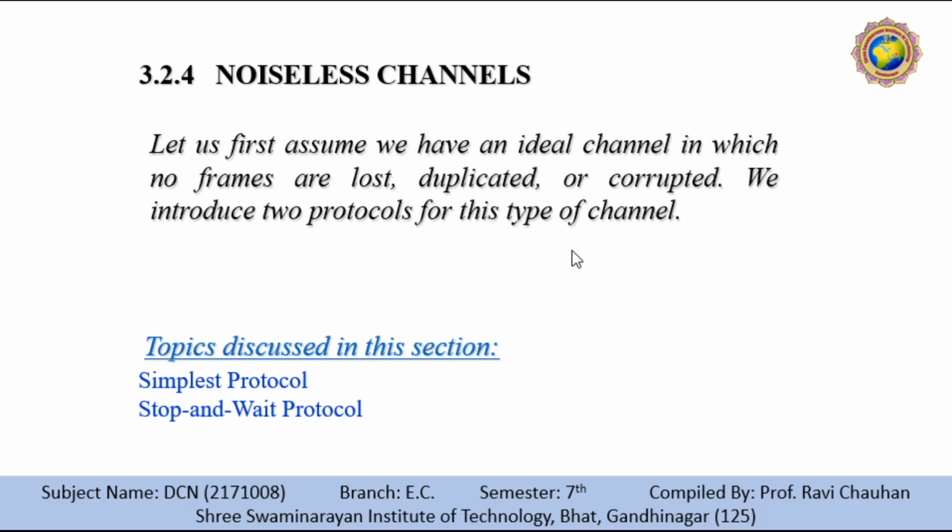Of course, neither has error control because we have assumed that the channel is a perfect noiseless channel, so there is no noise present over here. In this section, the following topics will be discussed: the simplest protocol and the stop and wait protocol as our noiseless channel protocols.